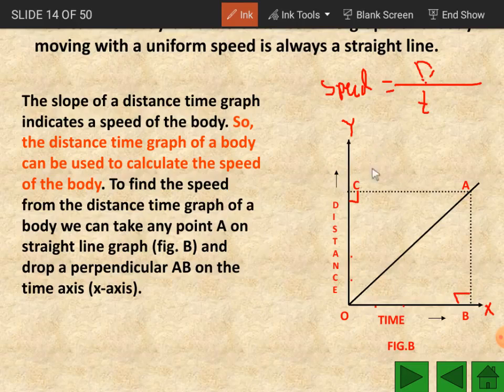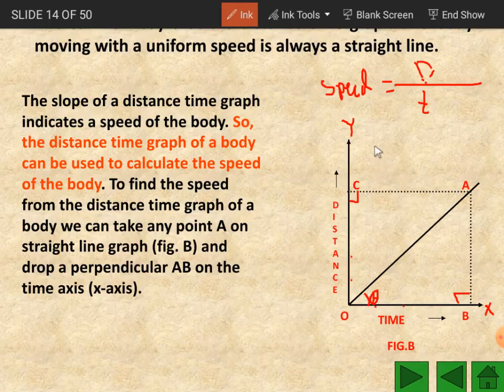And we can also take the angle formed by this graph with respect to the x-axis. Let's take it as angle theta. If you know this angle theta, then you can also find the speed, using the tangent of theta, tan theta. We also call this the slope.